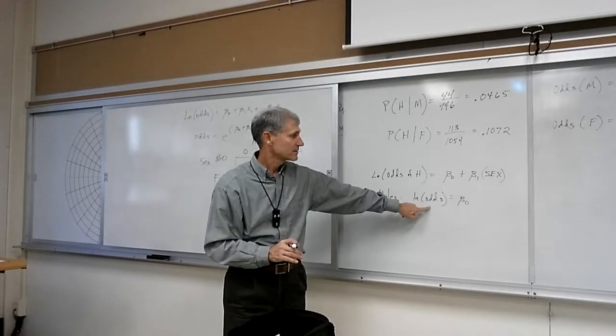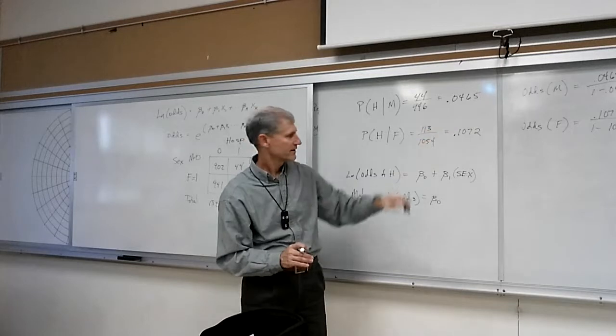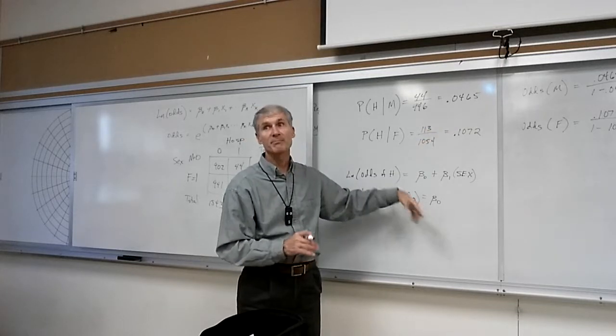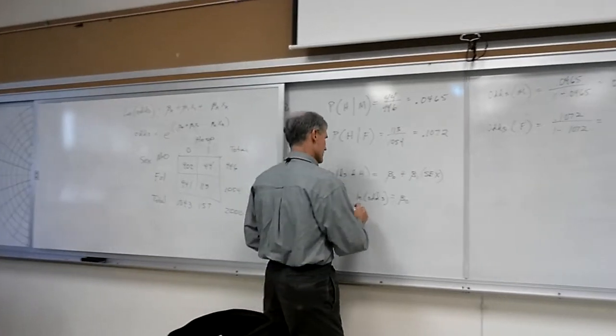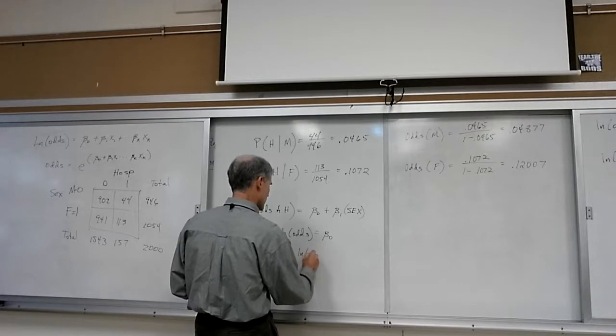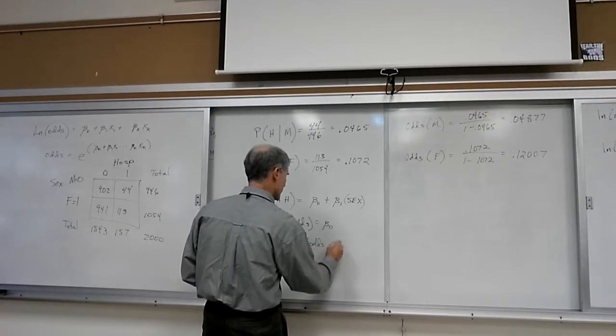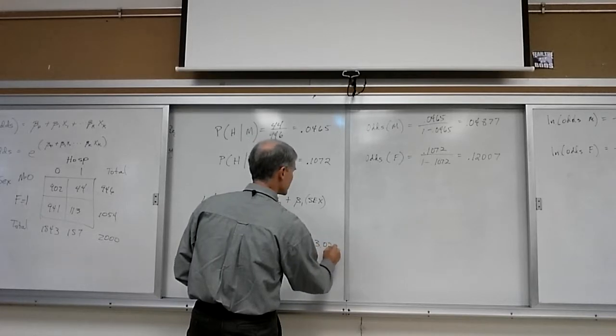So log odds for males, I have a value for that. That must be my beta 0, or my B0, my estimate of beta 0. So B0 is log odds for males, which is negative 3.0207.